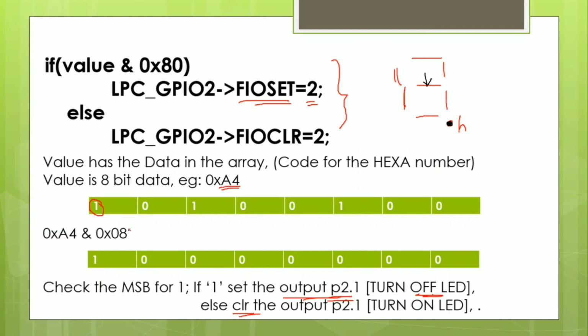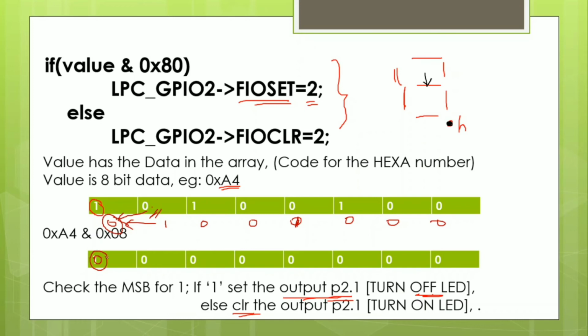Once I have moved there, again I'll shift this bit, the 7th bit, to the left position. So it becomes 1 and 0 0 0. Now again I'll check this condition, it is 0.